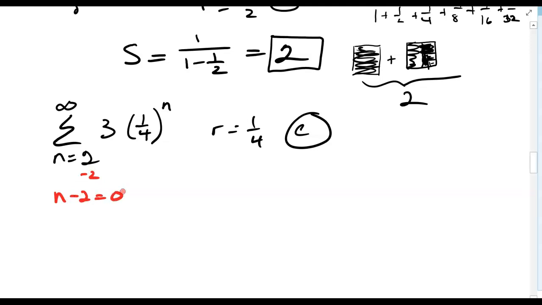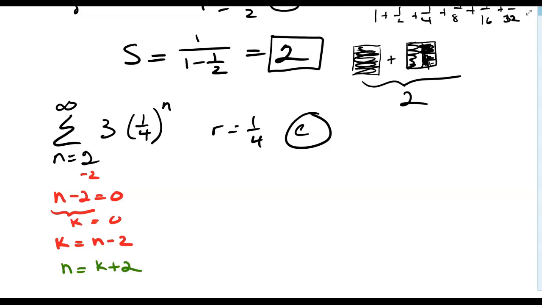So I'm going to let n minus 2 equal 0. I'm just going to take 2 away from both sides. I'm going to let n minus 2 equal k. So k is my first term now. Keep in mind, if n minus 2 equals k, n equals k plus 2.